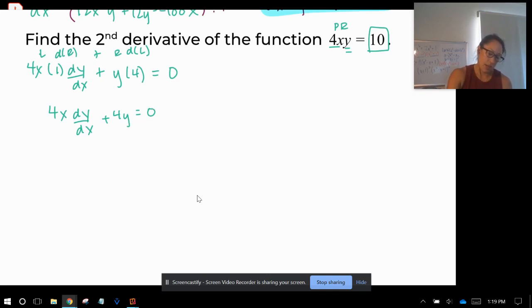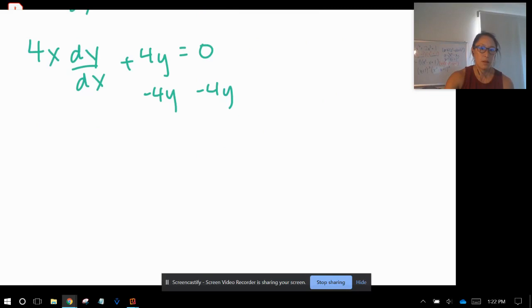All right, now gather our dy dx's on one side. So I'm going to subtract 4y, giving me 4x dy dx is equal to negative 4y, and then I'm going to divide by 4x.